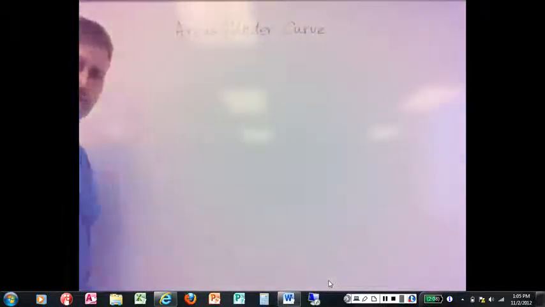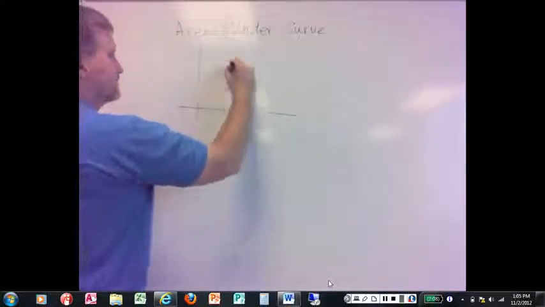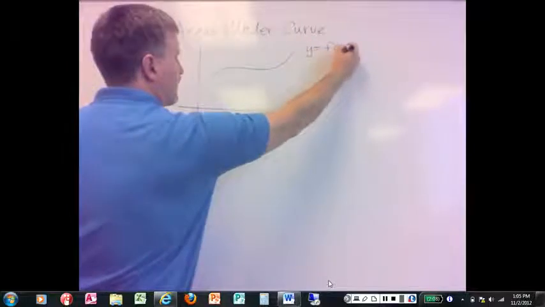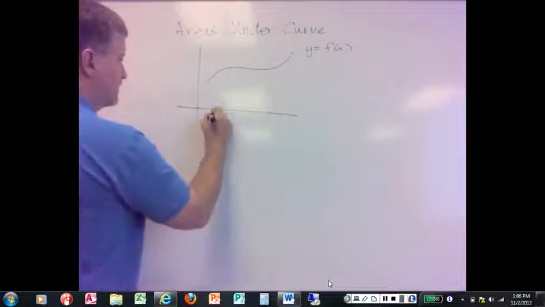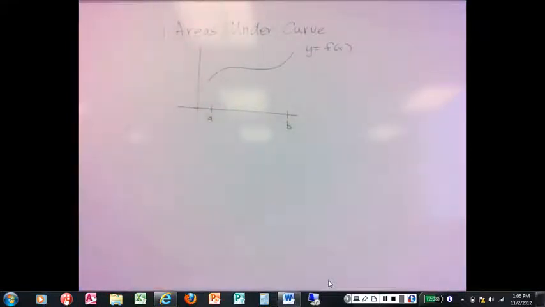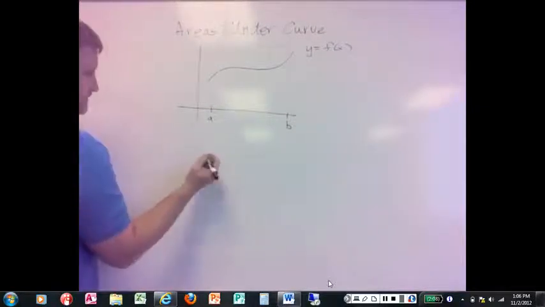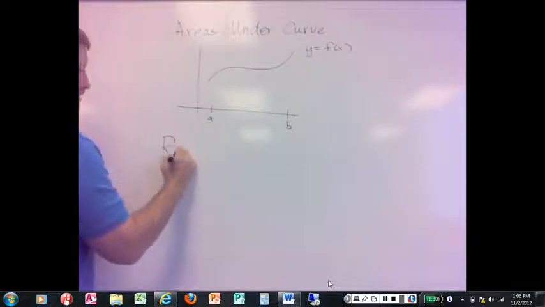Things for estimating areas under curves. Let's say I just have some generic curve here, y equals f of x. And I want to estimate from A to B the area under the curve with right-hand endpoints and rectangles.